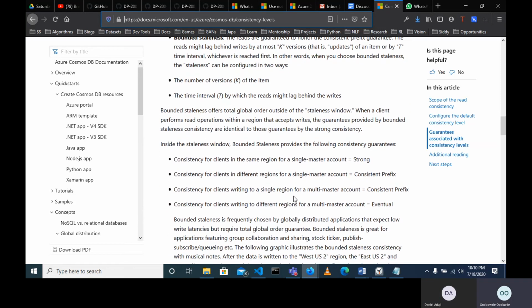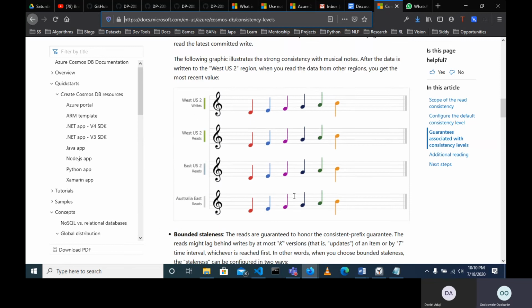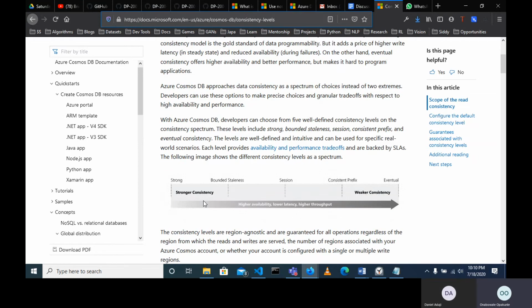I get it now. So as you go from strong to eventual consistency, here it says lower latency as you increase. Or shouldn't it be higher? High throughput.